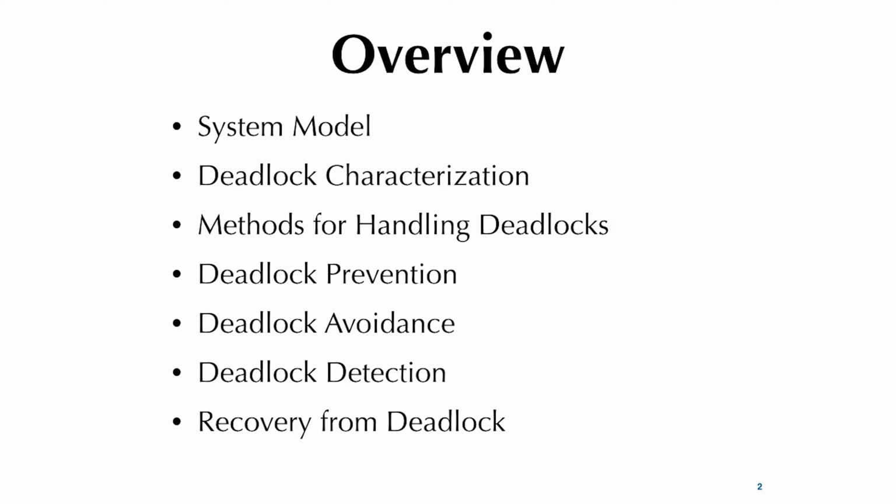Of course, you prefer to prevent whenever possible, but you can't always do that because to do prevention, you actually need to know certain things in advance, like how much resource a particular process may be requesting. And it's a protocol, so they make a promise and they better stick to their promise.